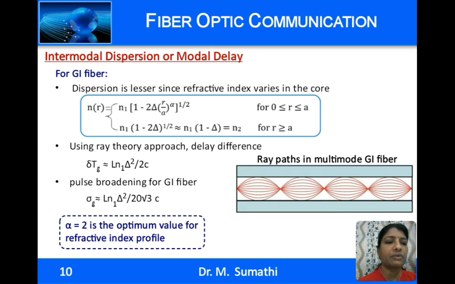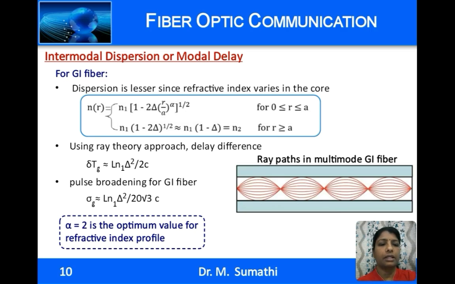So the refractive index is maximum along the axis, which is the shortest distance, and it is minimum radially outward for the rays that take longer paths. So the difference in path distance is compensated by the difference in velocities with which they propagate, and this results in lesser intermodal dispersion.